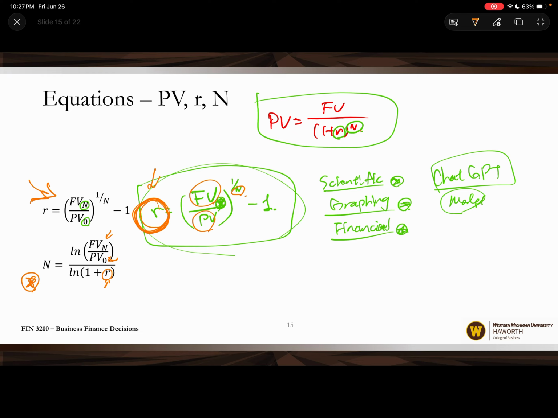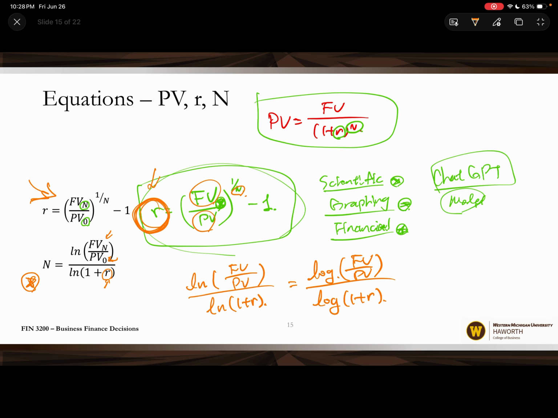This n formula is a little bit tricky. We have the natural log, so your calculator should have a button where you can do the natural log. But if you use the log button, you get the same answer. So you can try both ways. They'll both give you the n.